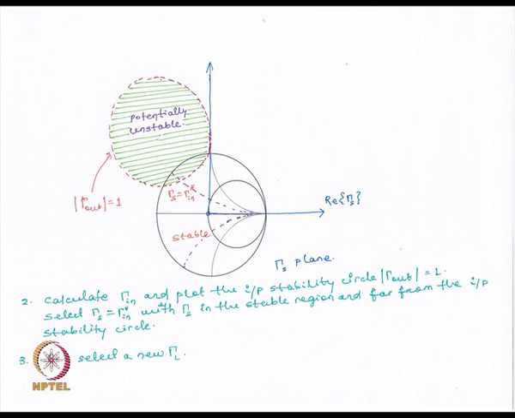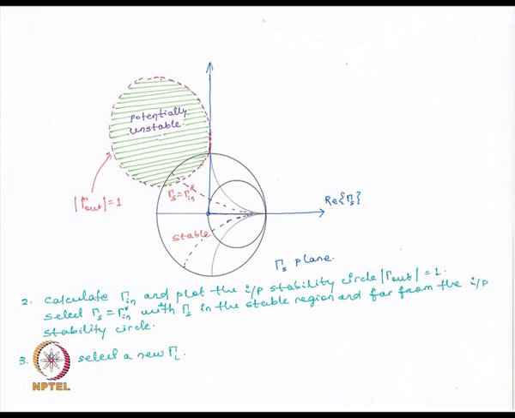If it lies in the stable region, then fine. If it doesn't, then you need to find another value of gamma S and repeat this process till both gamma S and gamma L are in the stable regions of the input and output stability circles respectively.